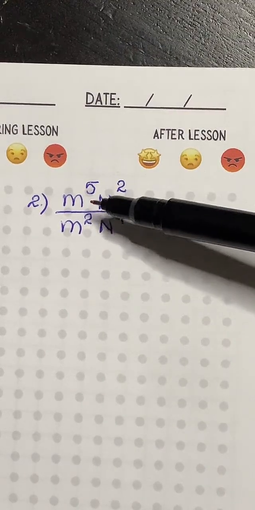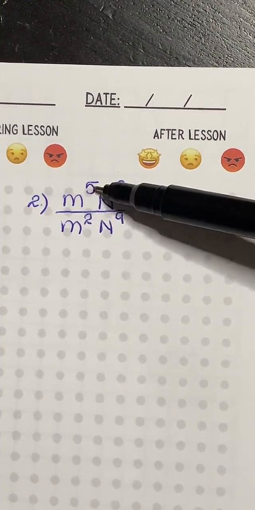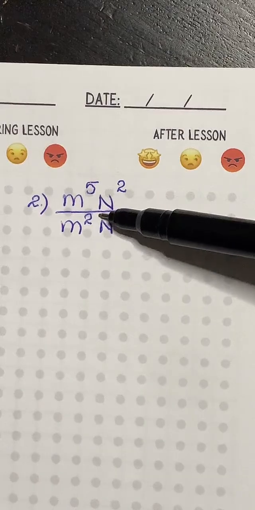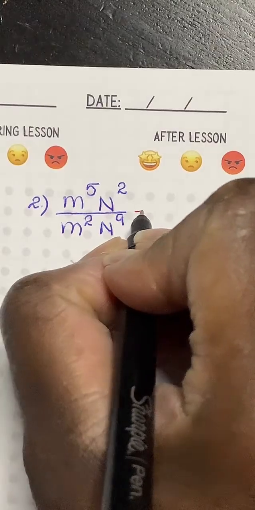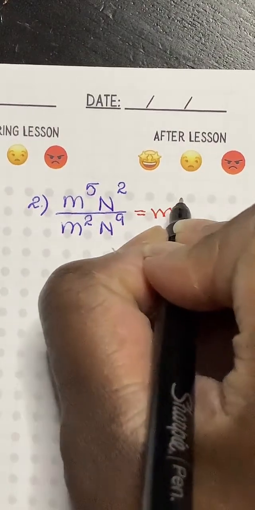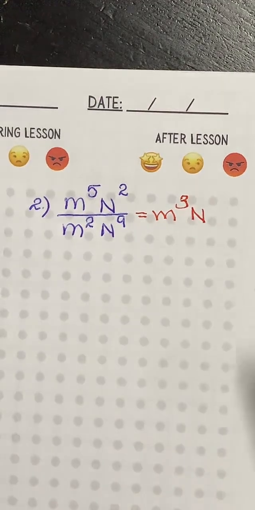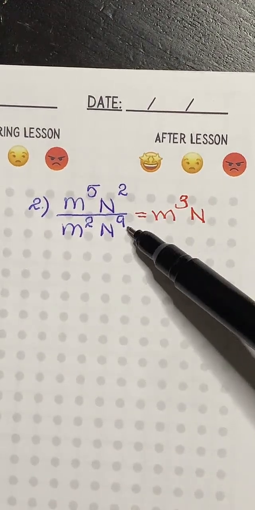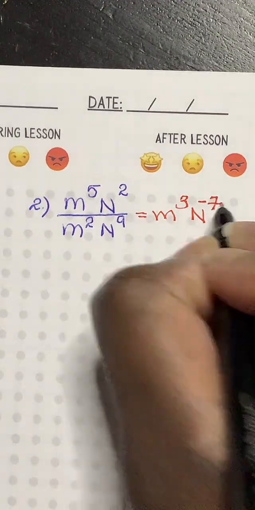So you want to go with the same base, which is my m's, and subtract my exponents. 5 minus 2 gives me 3, so I have m to the 3rd. And for the n's, I have 2 minus 9, which gives me a negative 7.